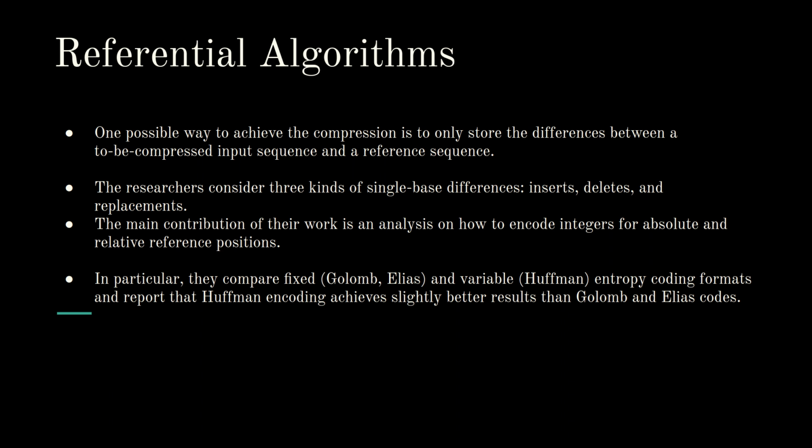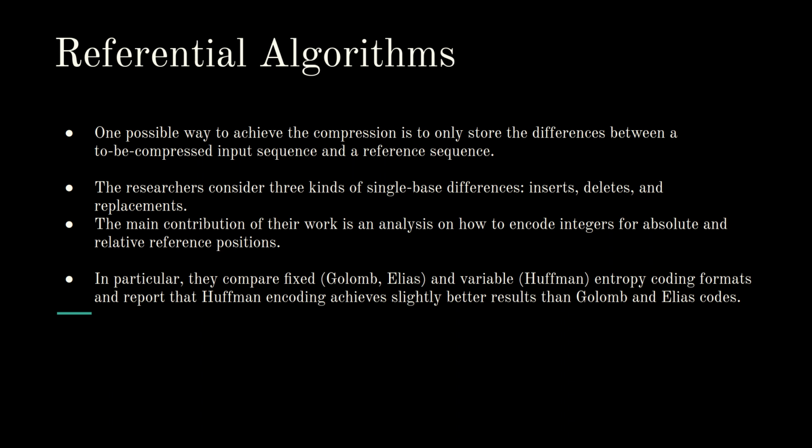So their contribution is not generally on the human genome encoding patterns, but on how to encode integers for absolute and relative reference positions, because to check where a base is changed or inserted, deleted, or replaced, you need an integer, and the sizes go up to gigabases and more.